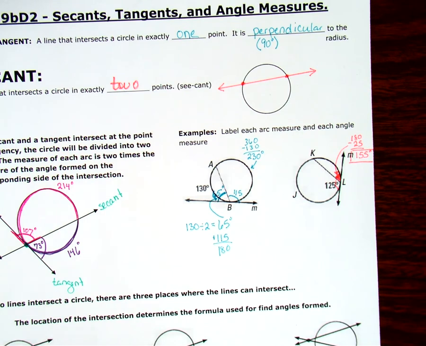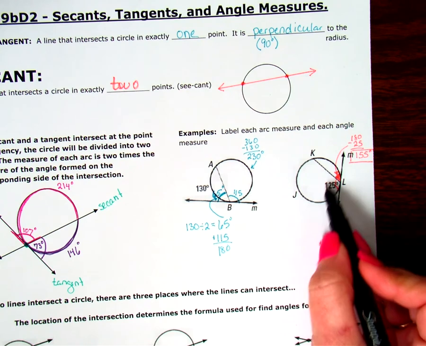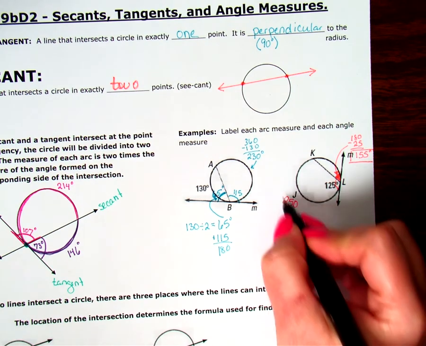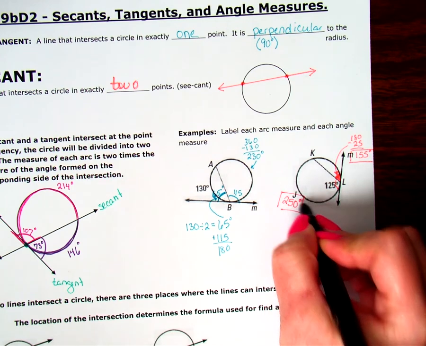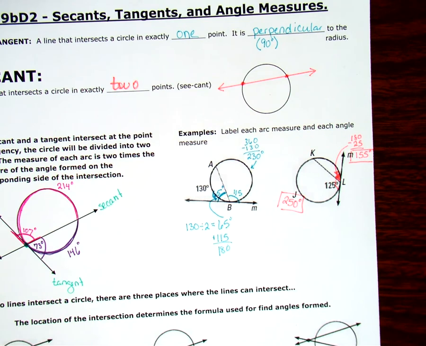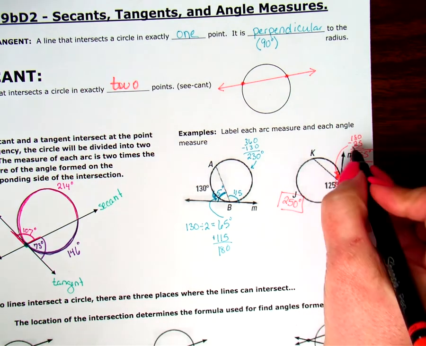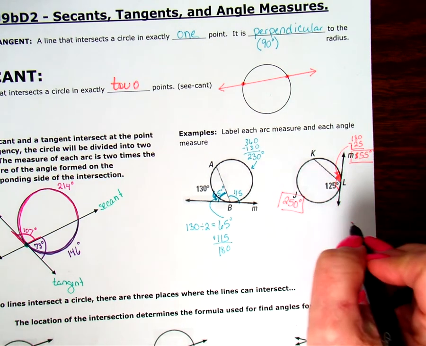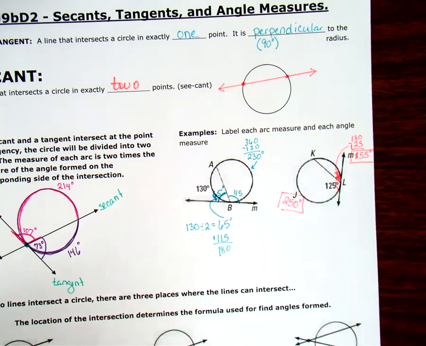And now my arcs. My arcs are going to be twice as big as my angles. So if this angle is 125, then this one is twice that, 250 degrees. And this one is going to be twice the 155. Oops, this isn't 155. I was supposed to take away 125, so that's just 55 degrees.